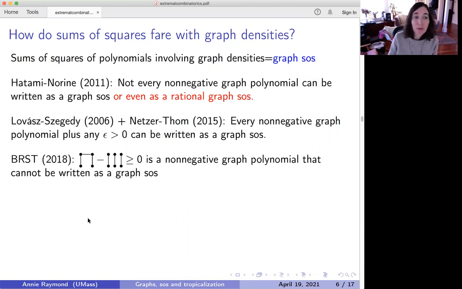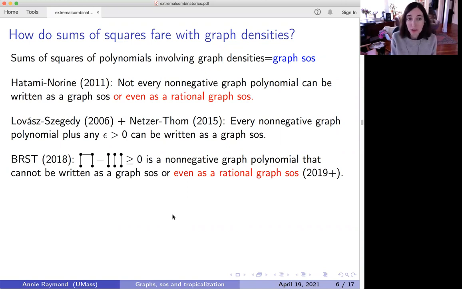If you take the homomorphism density of a path of length 3 minus the homomorphism density of 3 disjoint edges, within any graph, it's been known for quite a while that this is always greater or equal to 0, but actually cannot be written as a graph sum of squares. A bit later, we showed that it cannot be written as a rational graph sum of squares.